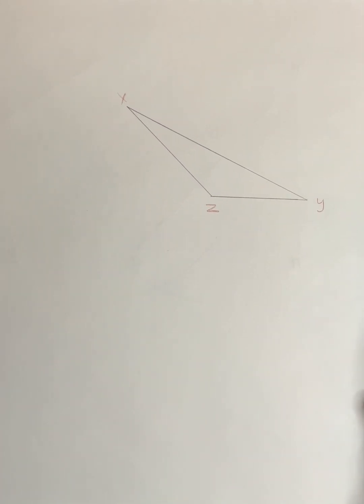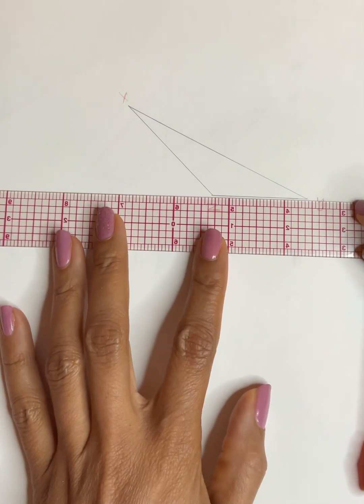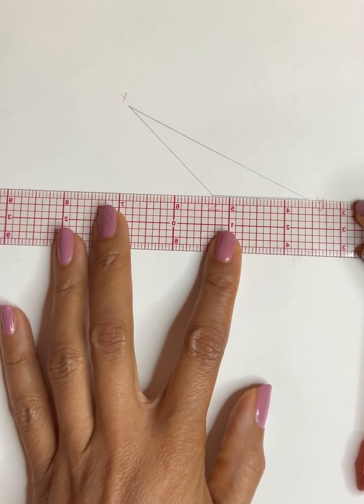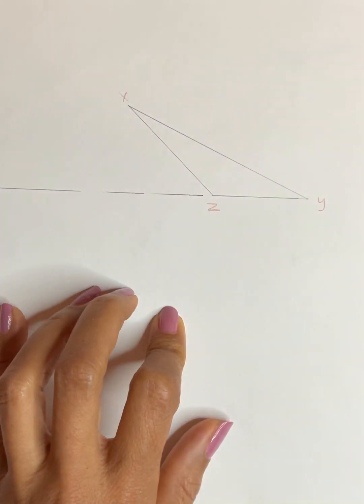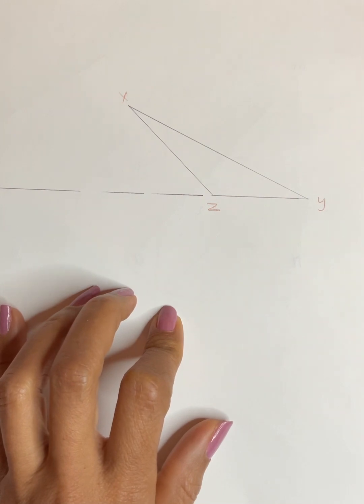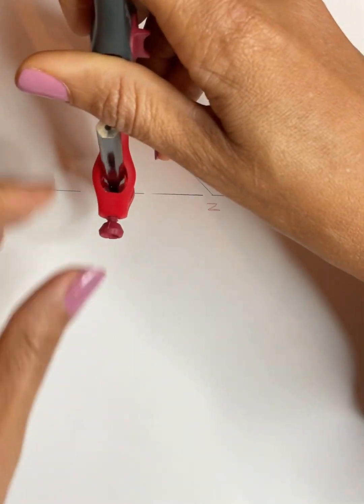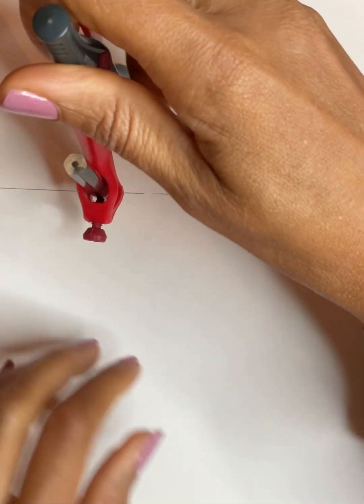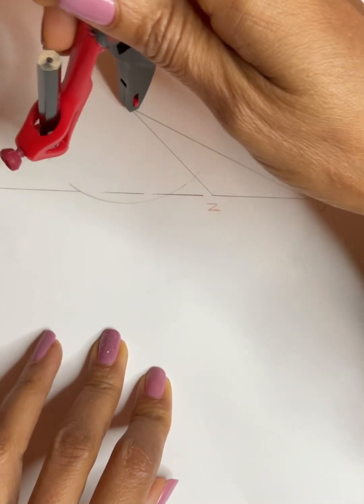So I'm going to start out here with my obtuse triangle, and the first thing that we have to do is extend this line segment ZY. I have to extend it because I will need whatever arc I'm going to create from vertex Z, which is coming through here.